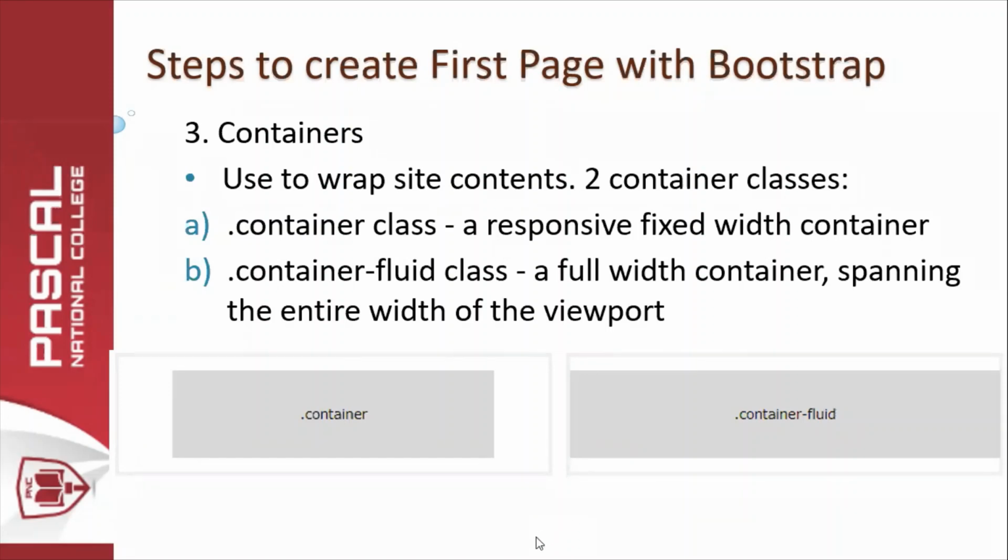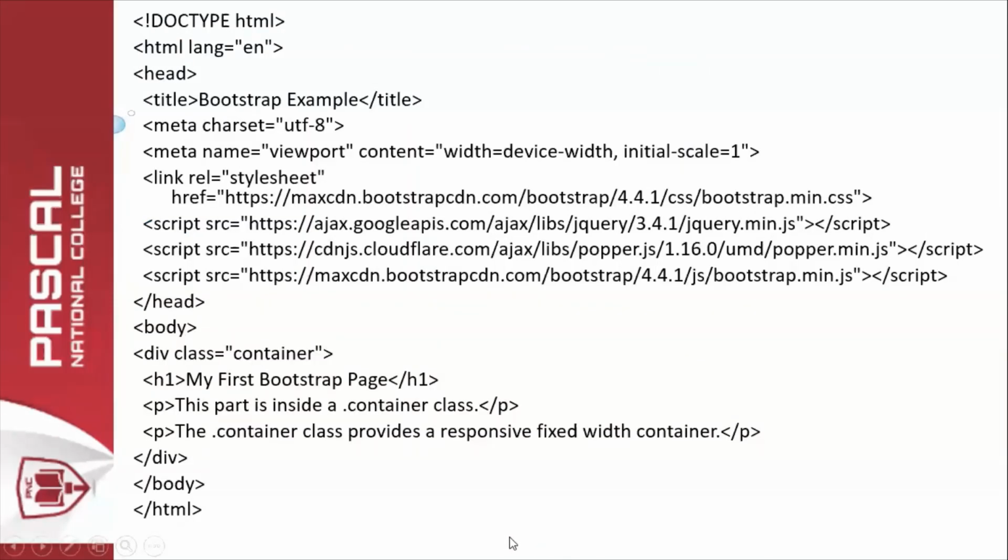So you need to include this class. This is how you can do it, the full example. Within your head part, we include the meta name viewport content equals width equals device-width, initial-scale equals 1. We have included 4 files: min.css, jQuery min.js, popper.min.js, and bootstrap.min.js.